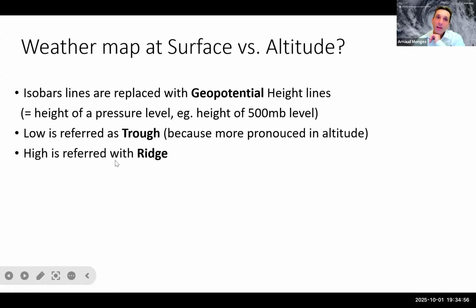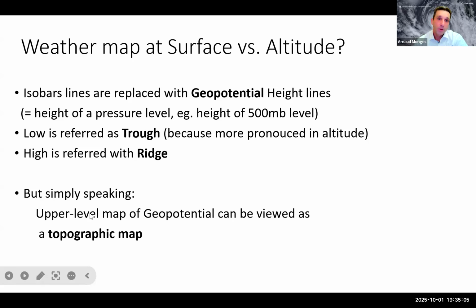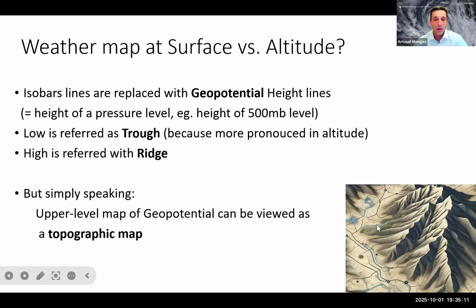Instead of talking about high, quite often we talk about ridge, just different words. But to put it simply, those upper level maps of geopotential can be viewed as a topographic map. Okay, we are just looking at the height of the pressure level like this.